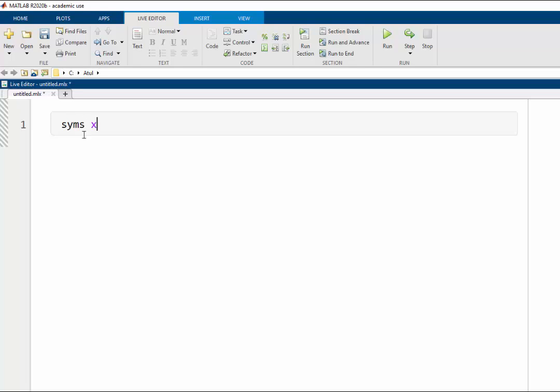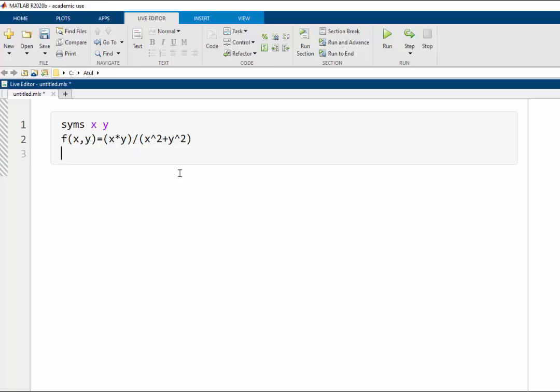We are writing a function of two variables, x and y. So we shall first tell it that they are symbolic variables, and then as usual, we go ahead and type our expression in. And now here is our expression.